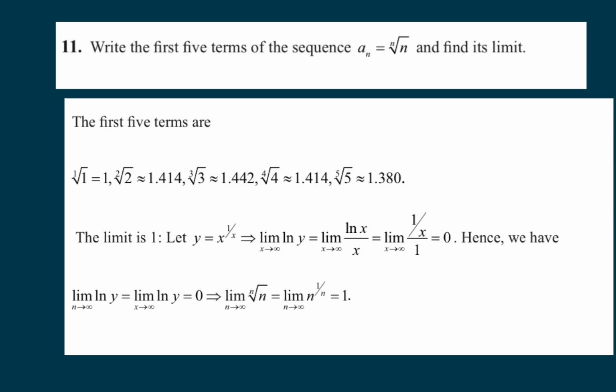This is a sub n. So for n equal 1 it is 1. For n equal 2 it is the square root of 2. For n equal 3 it is the third root of 3, the fourth root of 4.